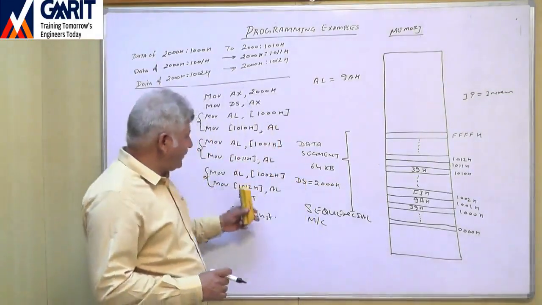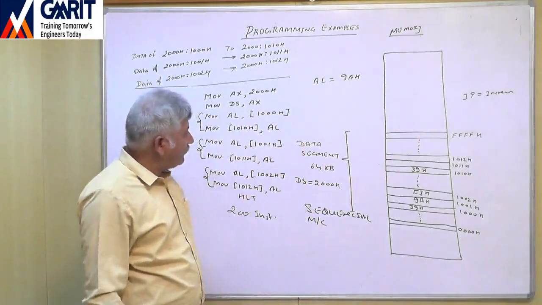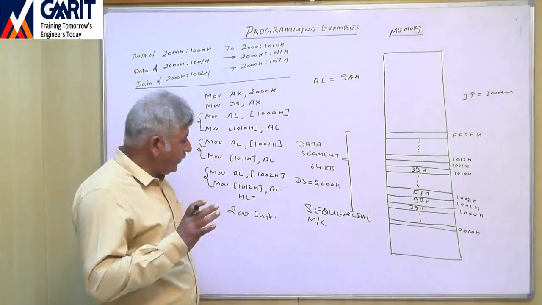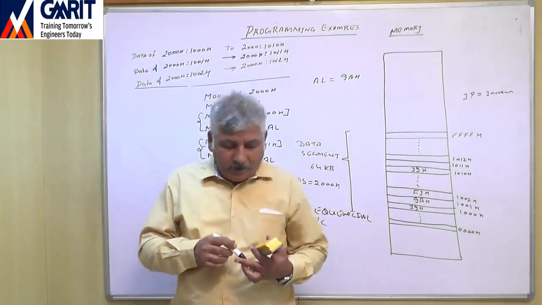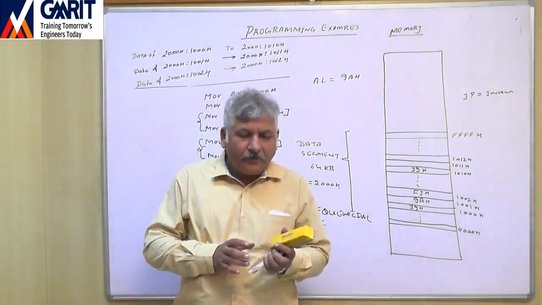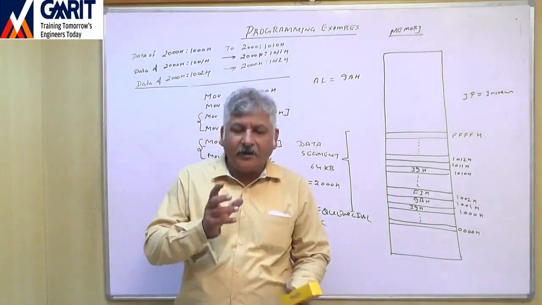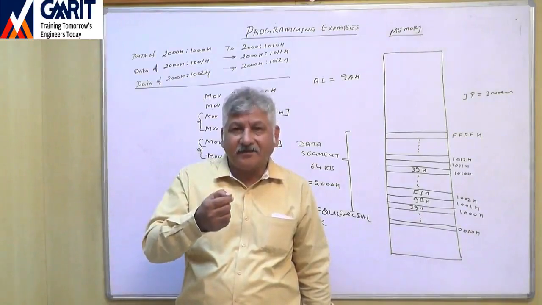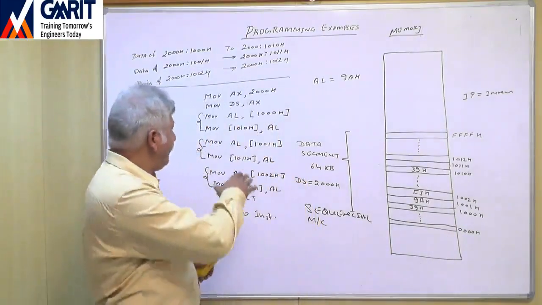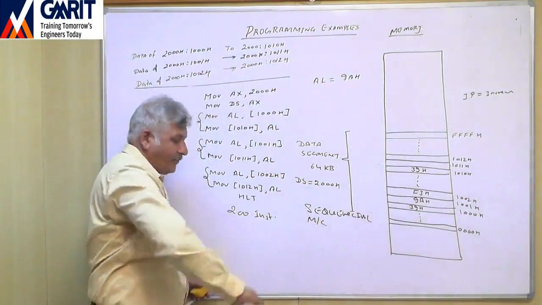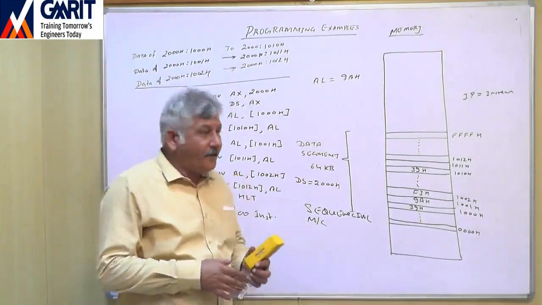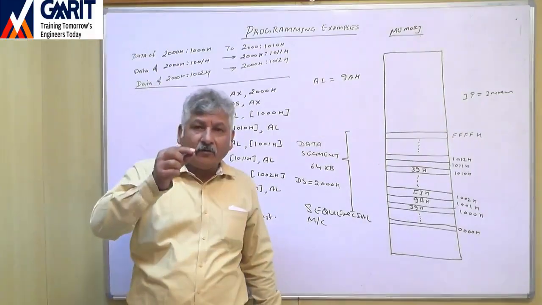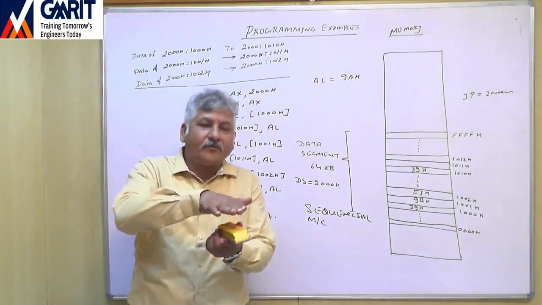So this is not a proper approach for a programmer. We should write a program in such a way that it consumes minimum instructions. Because ultimately, if the number of instructions increases, then each instruction will require a memory location where it has to be stored.